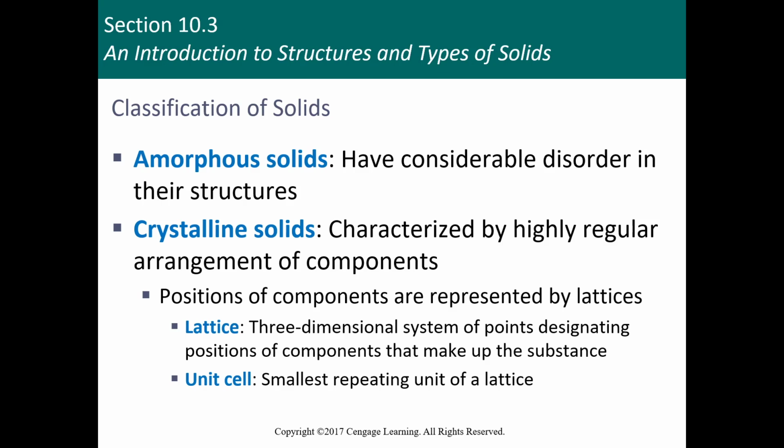Lattices are usually a framework in which you can define that pattern. So a lattice, in this case, is a three-dimensional system of points designating positions of components that make up the substance. A unit cell is the smallest repeating unit of the lattice.